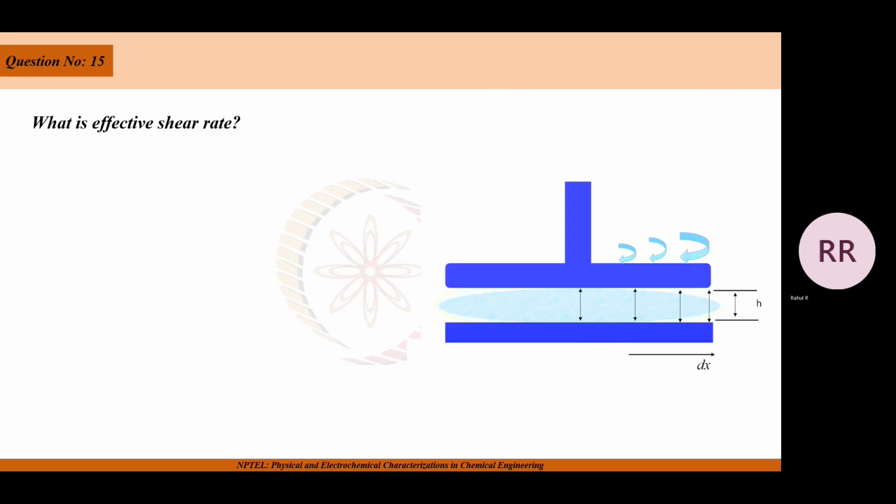What is effective shear rate? So now you have a parallel plate, as shown here. The question is, what is effective shear rate?